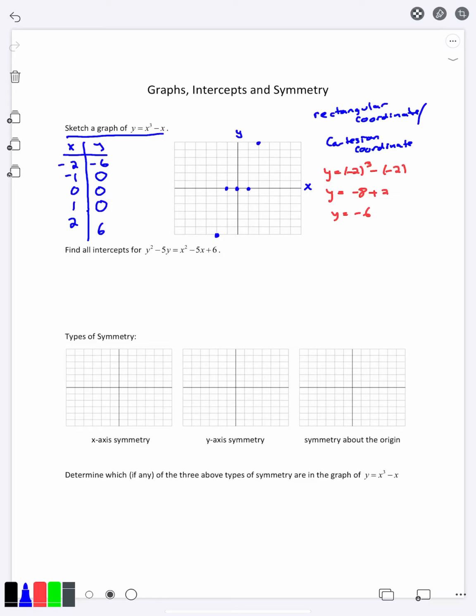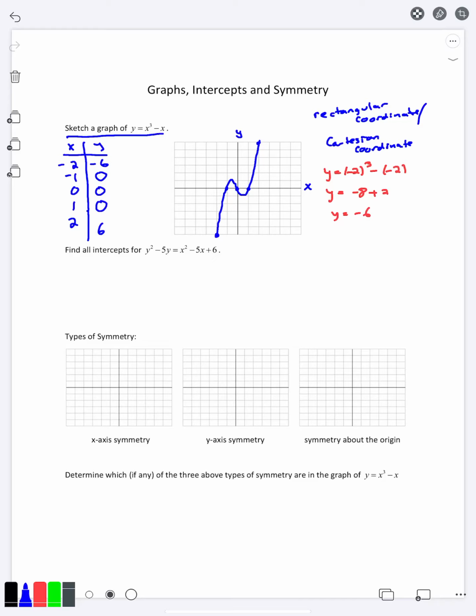I'm going to save us some time and just show you what the graph looks like, but I wanted to point out that if you only pick nice whole numbers, you won't always get a great shape. In this case, the graph looks something like so. In a later section we'll see exactly how you can get this graph without plugging in a ton of points. There is a process for x-cubed graphs.